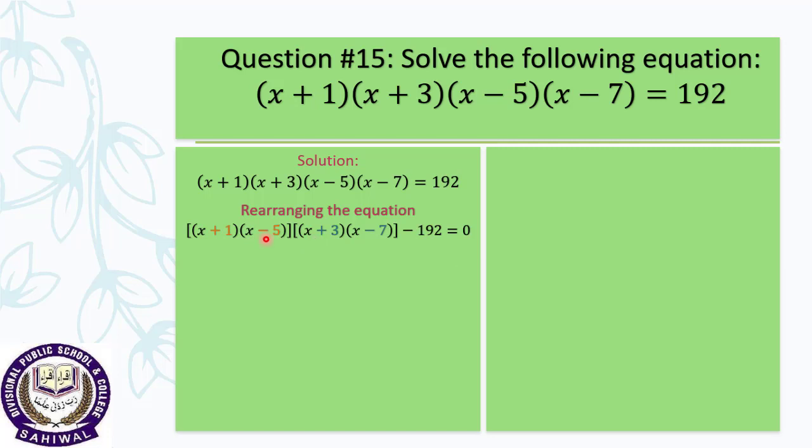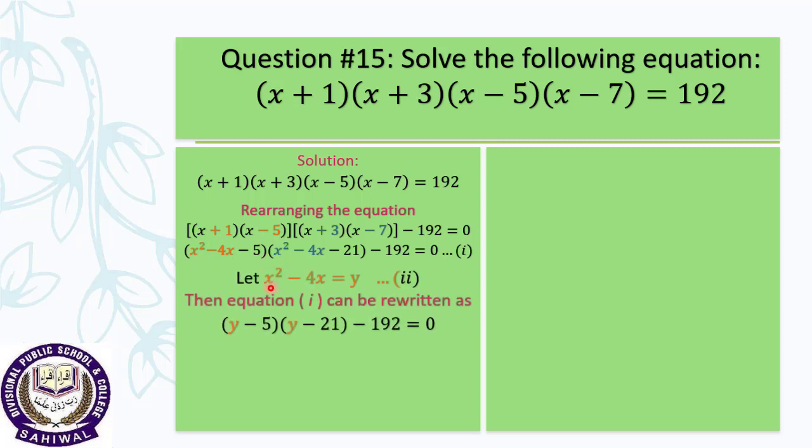Multiplying them respectively we get (x square minus 4x minus 5)(x square minus 4x minus 21) minus 192 is equal to 0. This x square minus 4x is common, so we replace it by y.